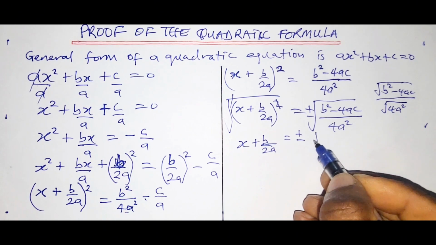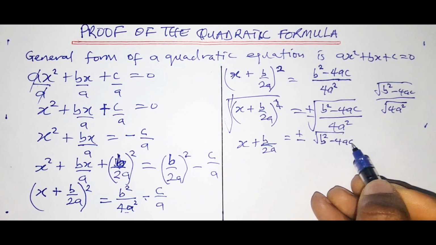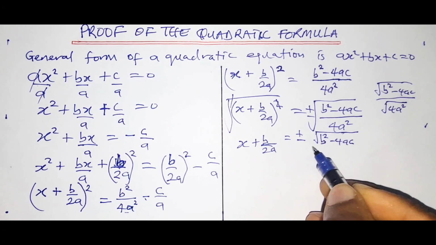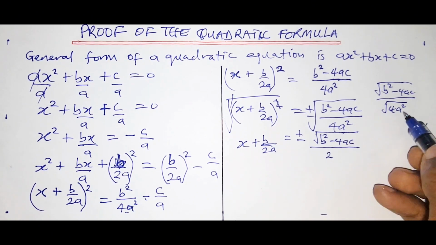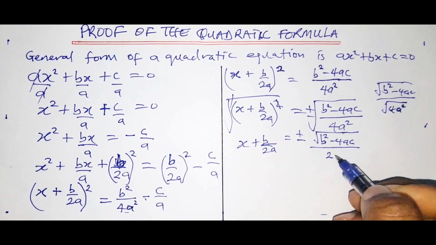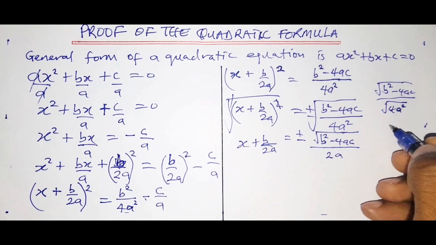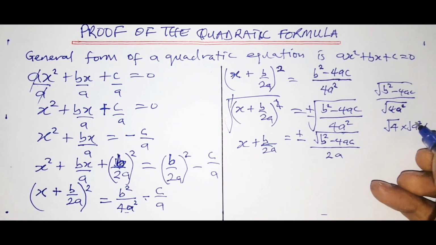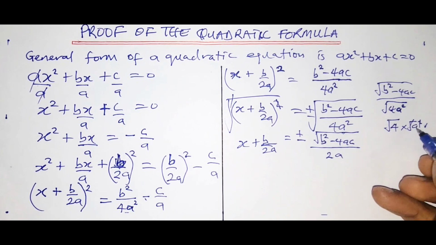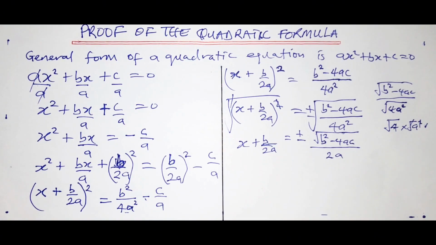We want to maintain it, so we're going to write it here as square root of b squared minus 4ac divided by the square root of 4 is 2, and the square root of a squared is a. Right? What this means is that square root of 4 times square root of a squared, and this one here will cancel out here. You have a, and the square root of this is 2. Understand?